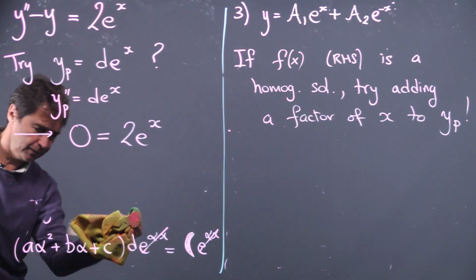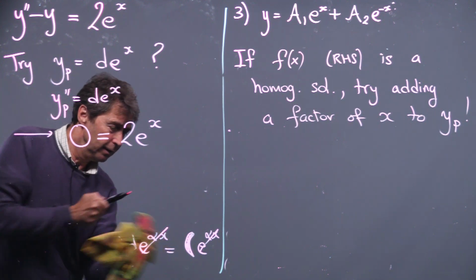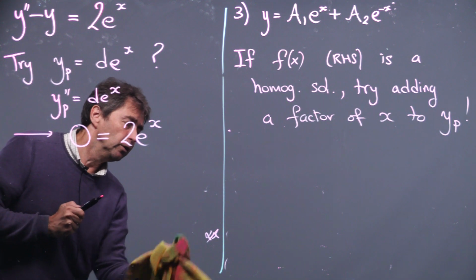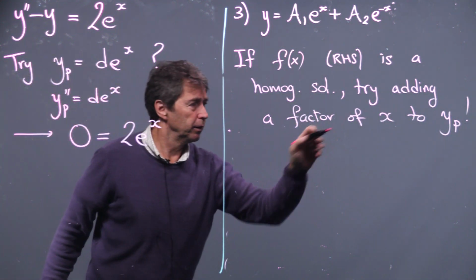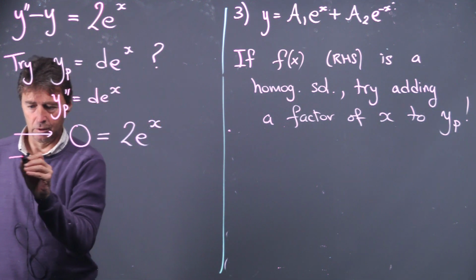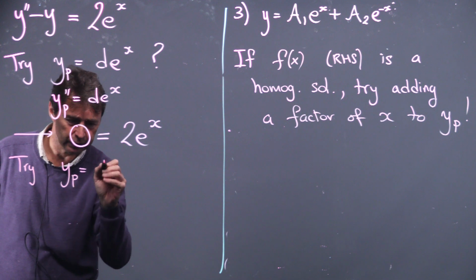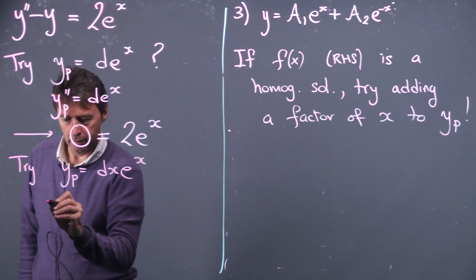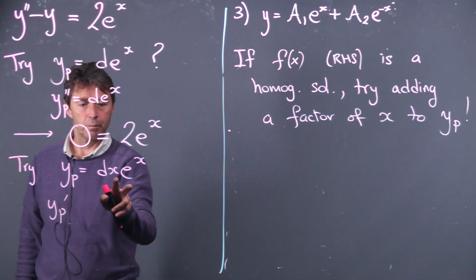So let's fix it up. The guiding principle here is that if you have a homogeneous solution, it's not going to work when you put it in as a trial particular solution, but it might do if you add a factor of x. So let's try yp is equal to d x times e to the x. It's a bit more work to do all of the derivatives now because we've got a product.